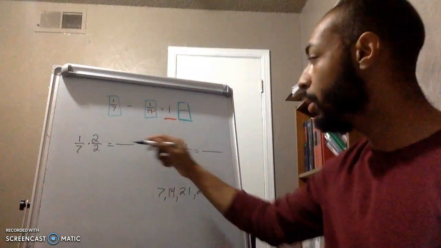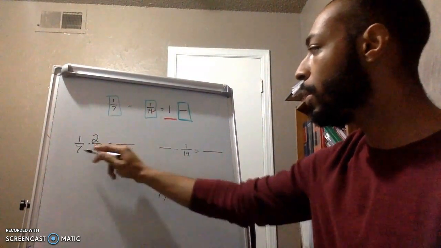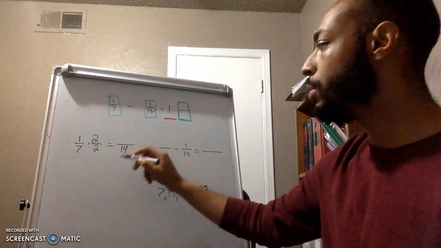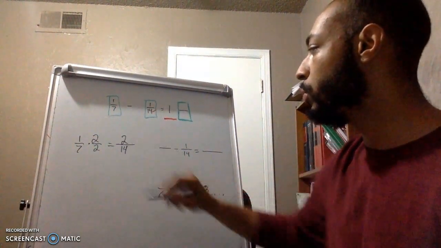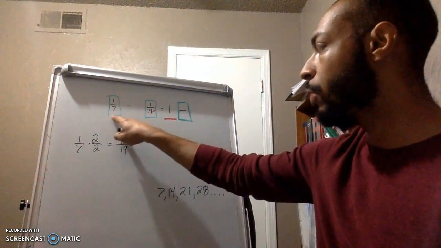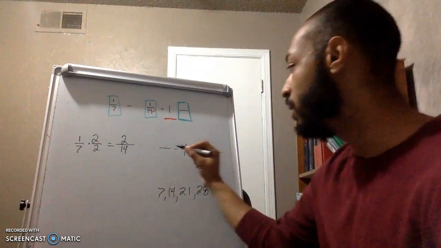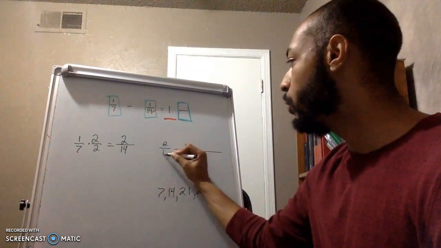We're going to have now 14, and then 1 times 2, 2. Now, instead of our equation looking like 1 over 7, we can now do 2 over 14.